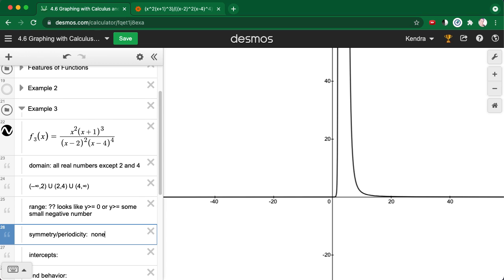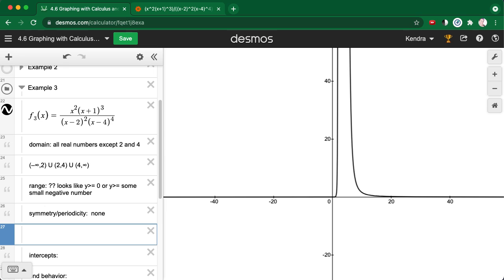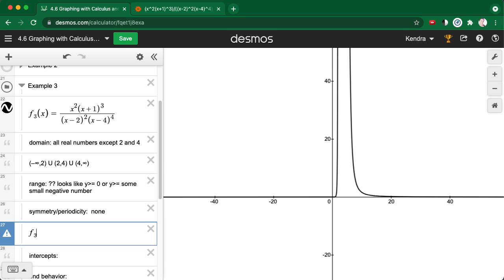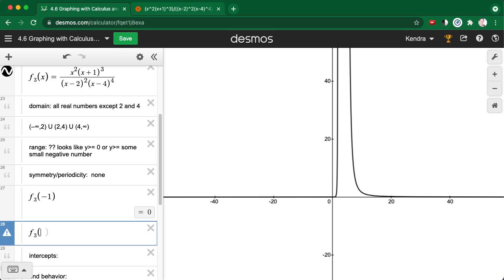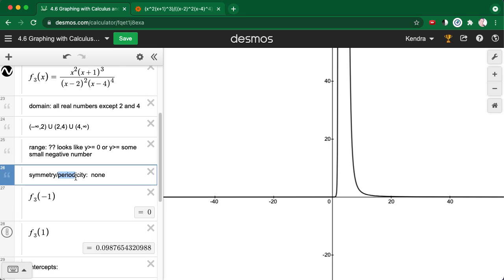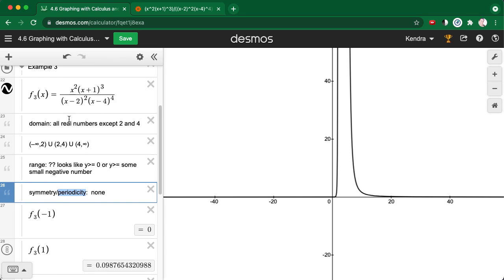I am going to confirm that by evaluating the function on two symmetric inputs, f3 of -1 and f3 of +1. These outputs are neither the same nor are they opposites of each other, so that takes away the even-odd symmetry. Periodicity is taken away by the fact that there are no trig functions.